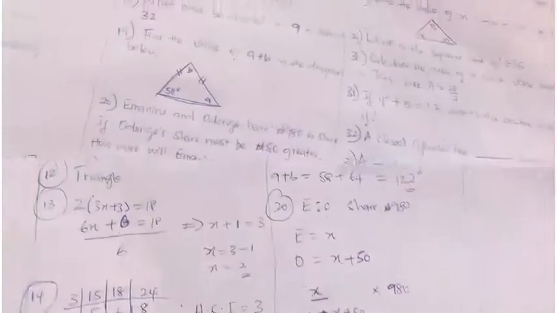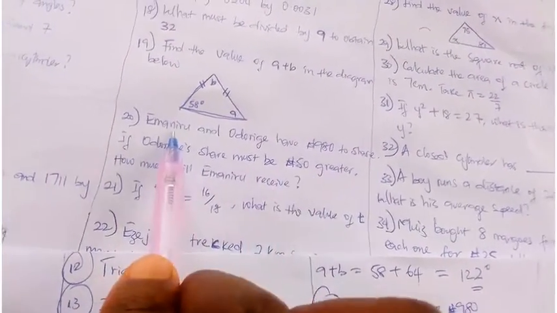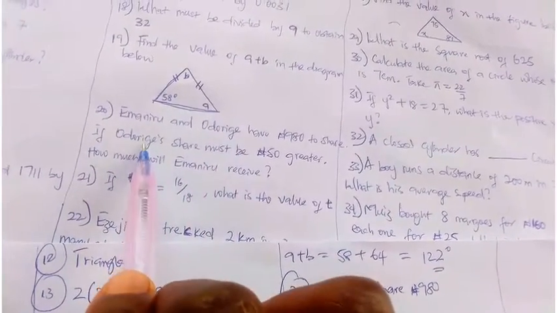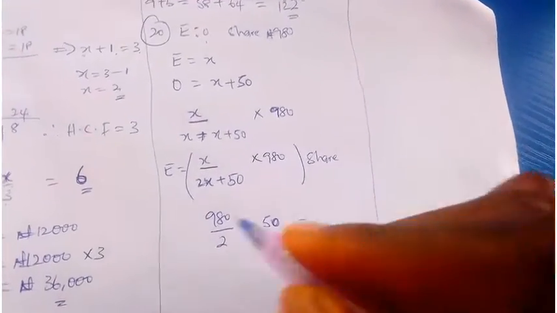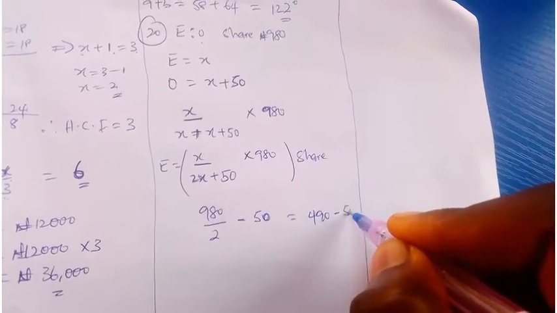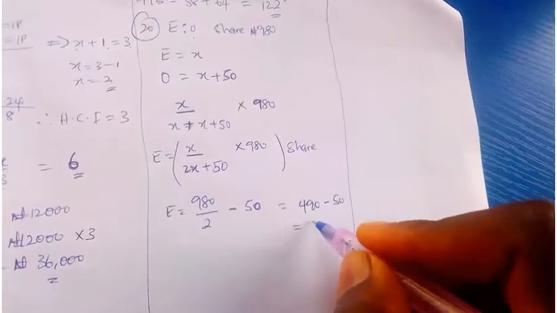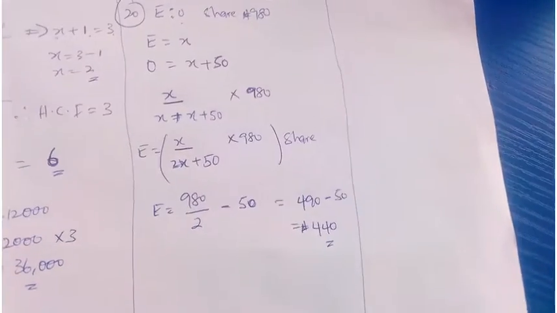Since this guy is going to be greater than Emmanuel's share, and it's E ratio O, if this is the one I'm looking for, that becomes 980 over 2 plus 50. So in this case, this is 490 minus 50. So it means Emmanuel's share is going to be 440 naira. Okay, so that's the answer to that question.